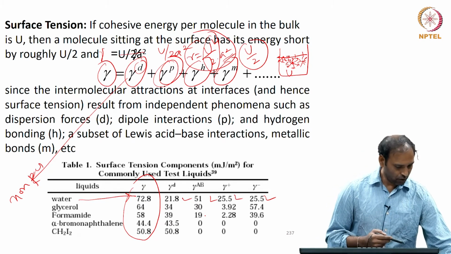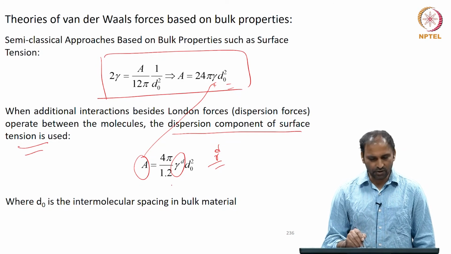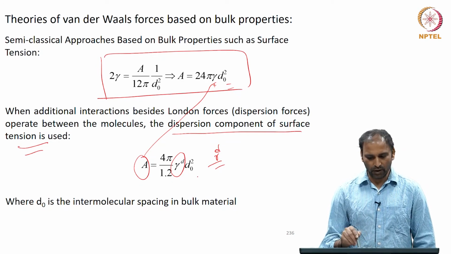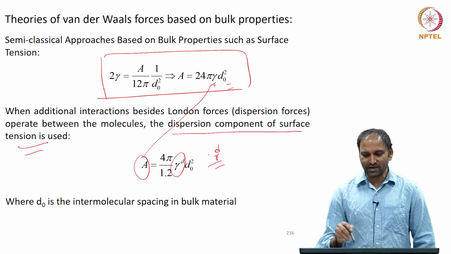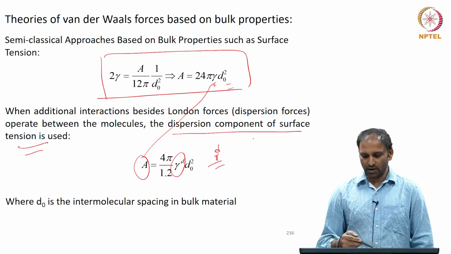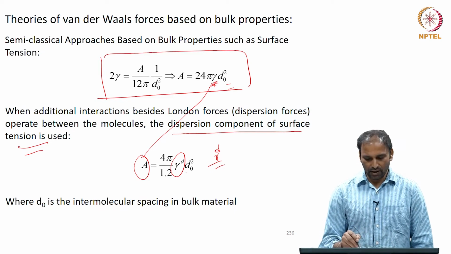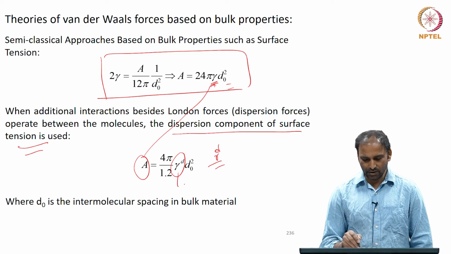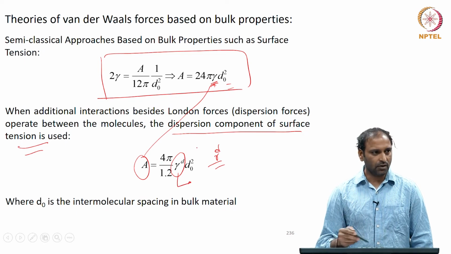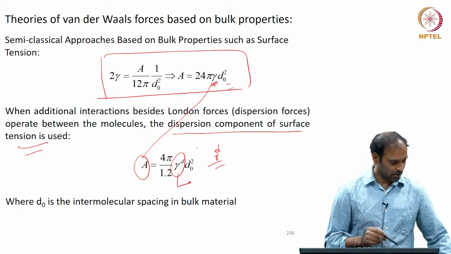Therefore, you could relate A, which is the Hamaker constant. If there are cases where several different forces contribute to surface tension, then you would have to consider the dispersion component of the contribution, and then you can calculate the Hamaker constant.